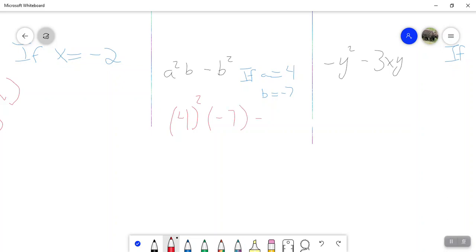Oh, I see a b, so I'm going to substitute (-7) squared. Now let's follow the order of operations. 4 squared is 16. Minus -7 squared is 49.